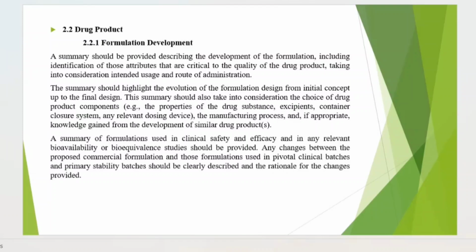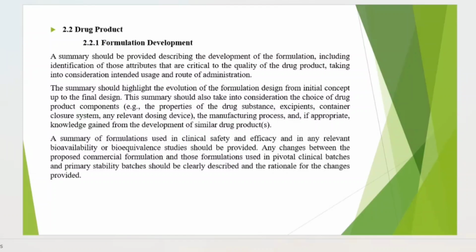The summary should also take into consideration the choice of drug product components, example, the properties of the drug substance, excipients, container closure system, any relevant dosing device, the manufacturing process, and if appropriate, knowledge gained from the development of similar drug products. So here we need to summarize the development process which we will follow for that drug product.